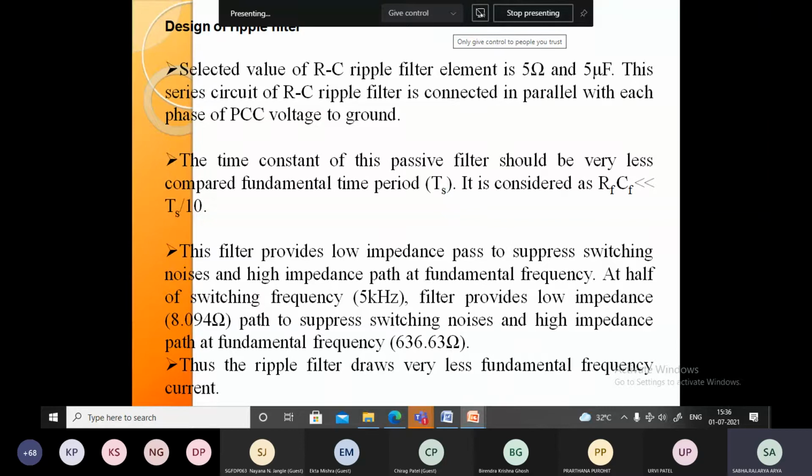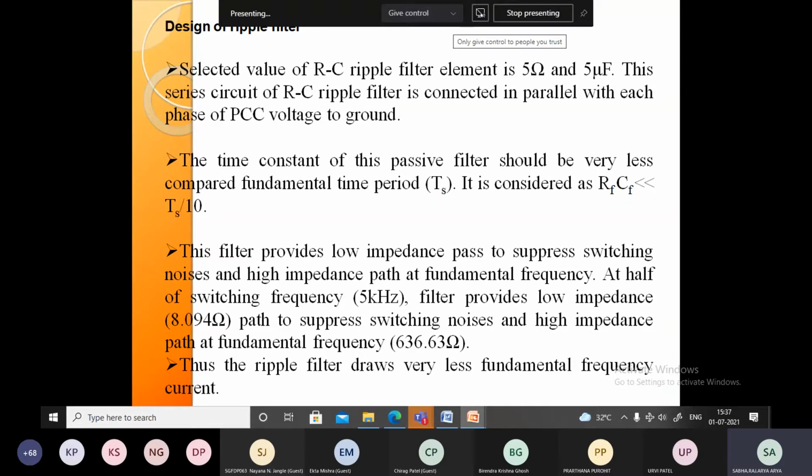Based on this theory, this filter is going to provide effective performance after half of the switching frequency. It is going to absorb the high frequency noise generated by the converter, simply you can say.